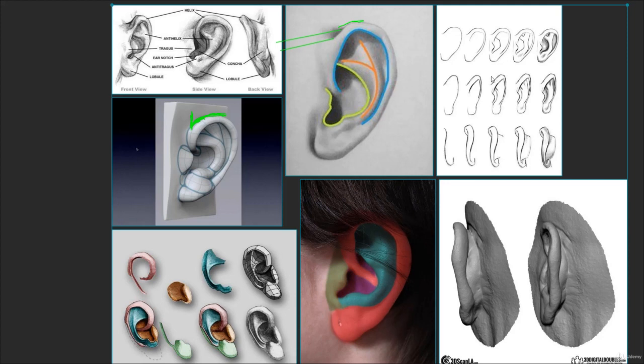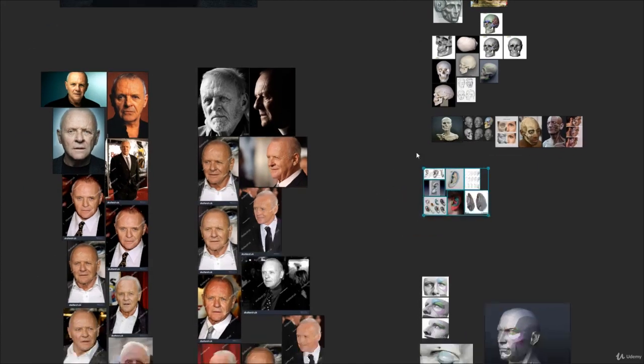All right, so you must take care to have it, and this should be a very pinched encounter, not like so, but like so. Okay. So let's have a look at Anthony Hopkins' ear shape and let's model it.